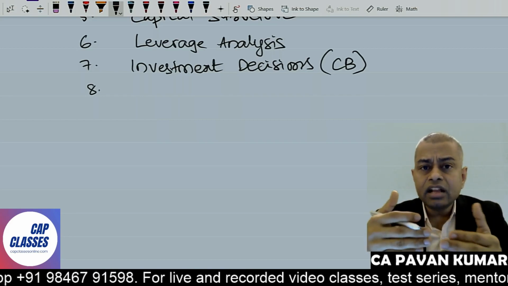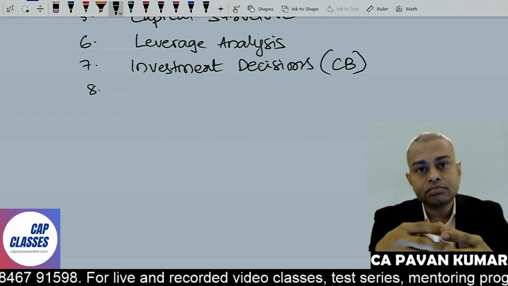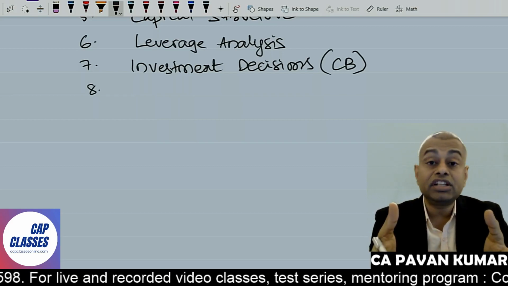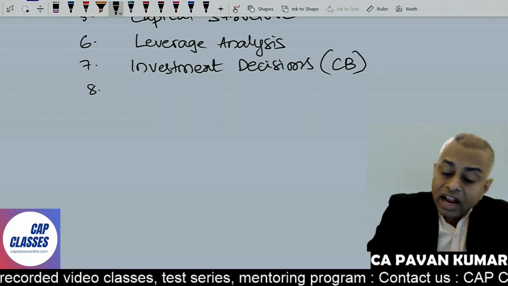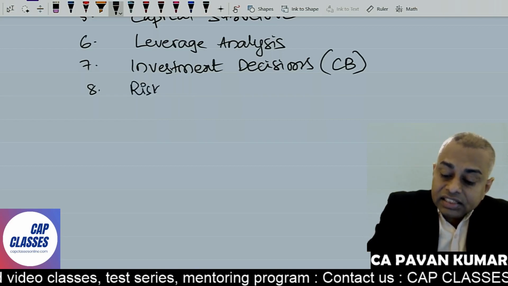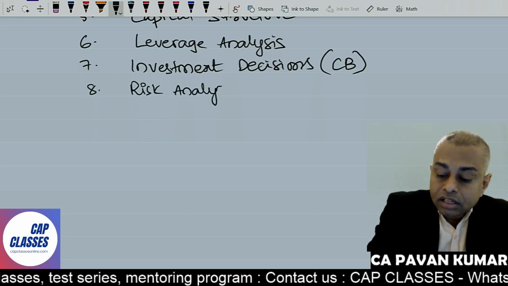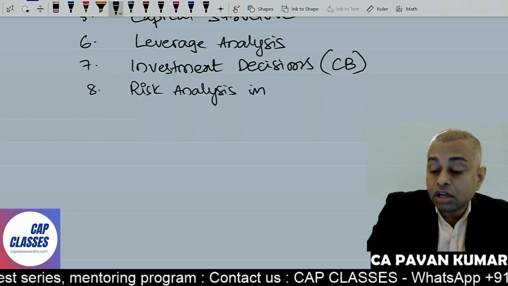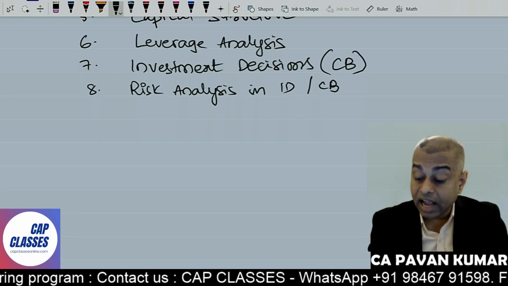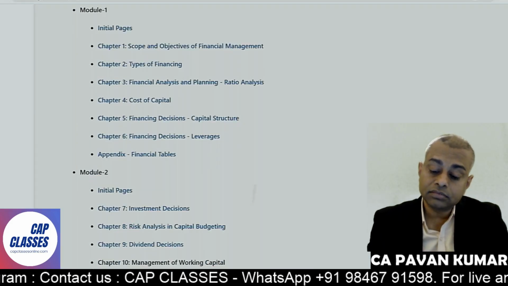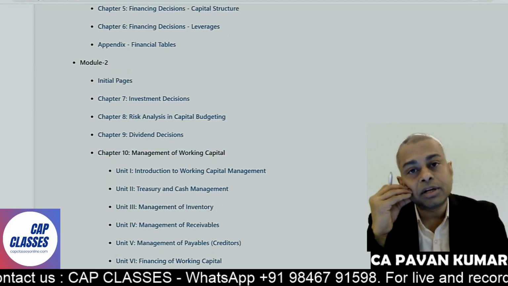I'm thinking of buying between machine A or machine B. If I choose machine A, there are certain types of risks. If I choose machine B, there could be a different set of risks. So 8 is risk analysis in investment decisions or capital budgeting. Risk analysis in capital budgeting. This is your 8th chapter.